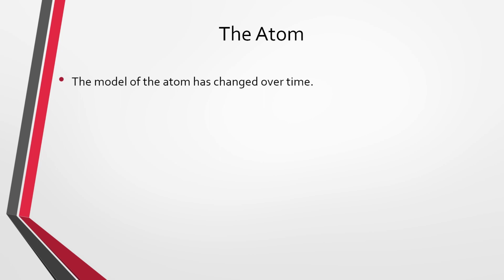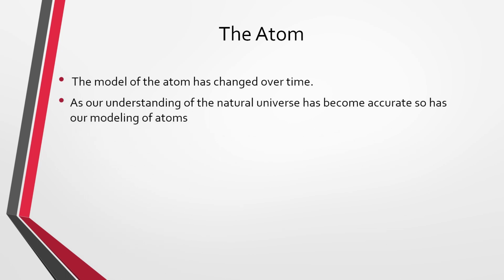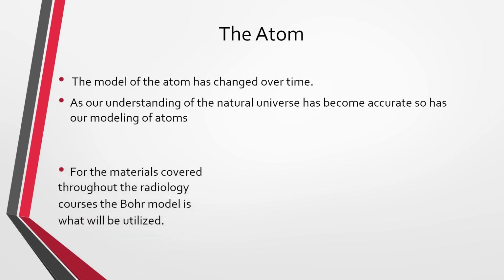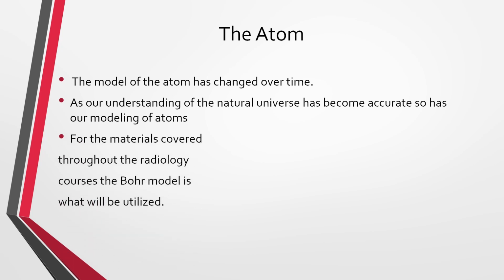It may not be exactly what is actually happening in reality, but it is a way that we can work with the atom, or whatever we're working with, and allows us to perform what we need to do. As our understanding of the nature of the universe has become more accurate, so has the modeling of the atom. For the materials covered throughout the radiology courses, the Bohr model is what will be utilized.